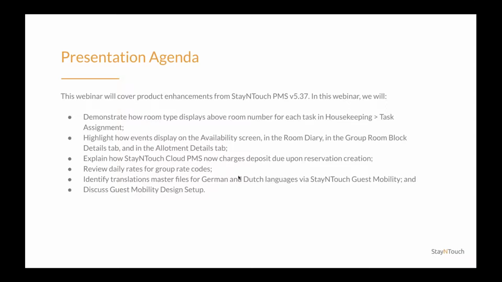In this webinar, we will demonstrate how room type displays above room number for each task in housekeeping task assignment, highlight how events display on the availability screen, in the room diary, in the group room block details tab, and in the allotment details tab, explain how StayNTouch Cloud PMS now charges deposit due upon reservation creation, review daily rates for group rate codes, identify translations master files for German and Dutch languages via StayNTouch Guest Mobility, and discuss Guest Mobility design setup. We will have a short Q&A session at the end of the presentation.